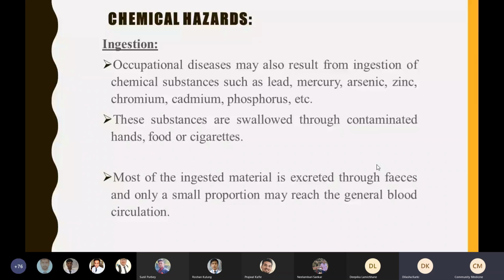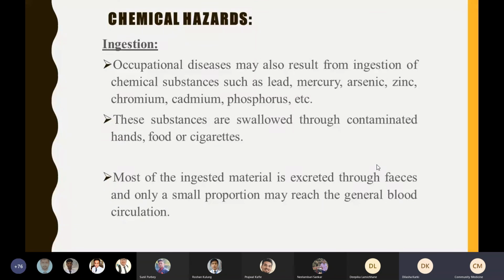Now next is ingestion. While working, some workers usually don't wash their hands. So while eating, or while using a cigarette, or while doing some work, they just swallow the chemicals. Occupational diseases may also result from the ingestion of chemical substances like lead, mercury, arsenic, zinc, and others.